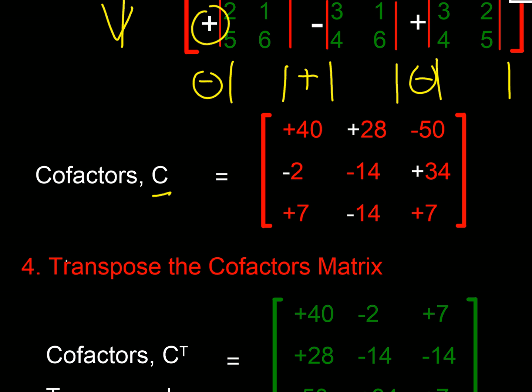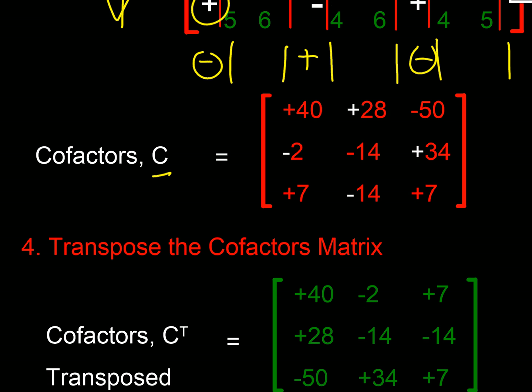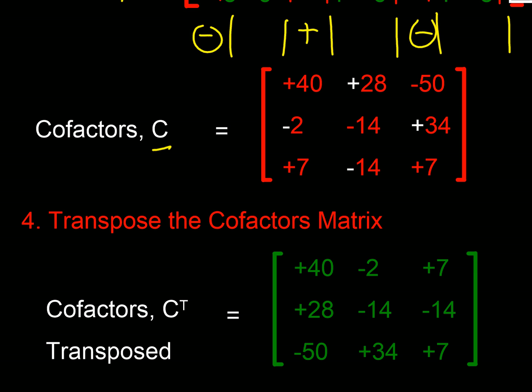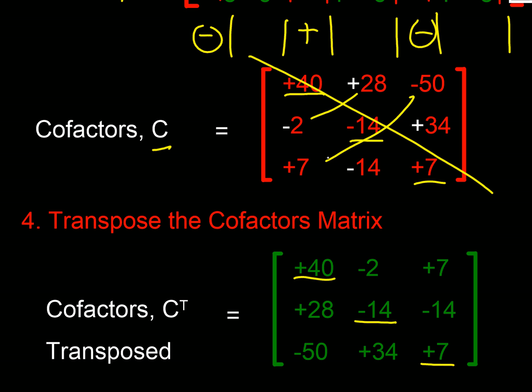Okay, so next thing is we're going to transpose this cofactors matrix. What does that mean? Well, it means we're going to reflect it in this leading diagonal. So that means that the 4, minus 14 and 7 coefficients stay the same, and the others are swapped over because we're doing a reflection, transposing. So the minus 2 and the 28 were swapped, the 7 and the minus 50 were swapped, and the minus 14 and the 34 were swapped.